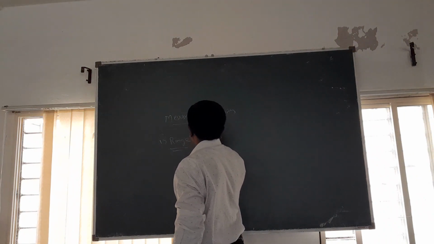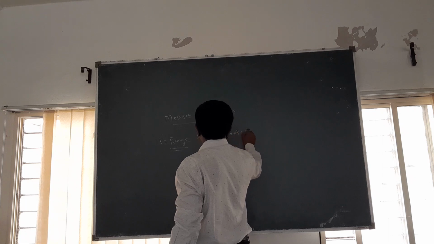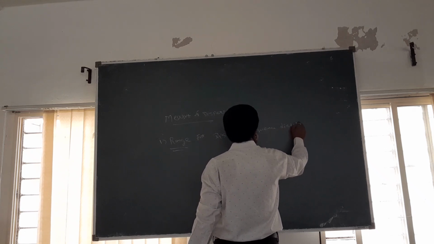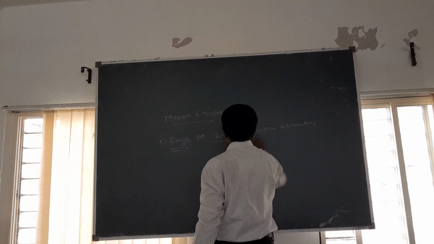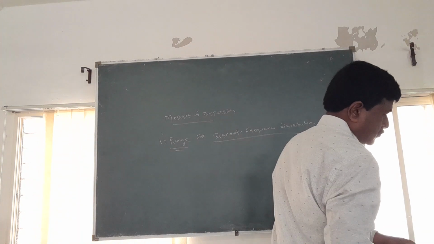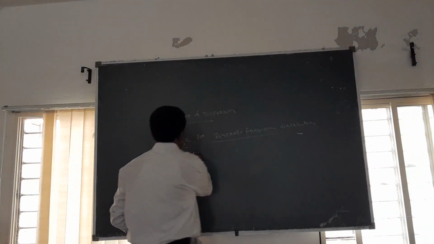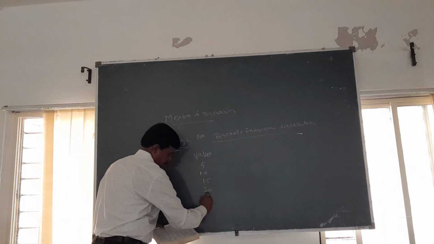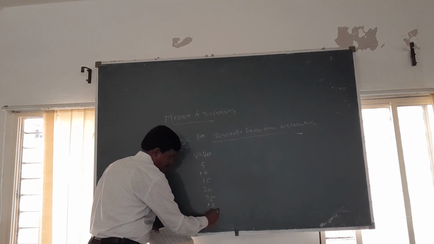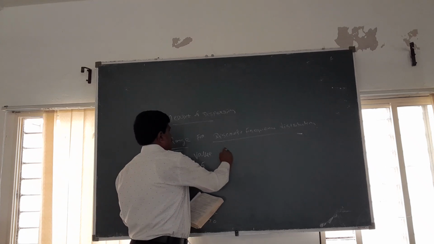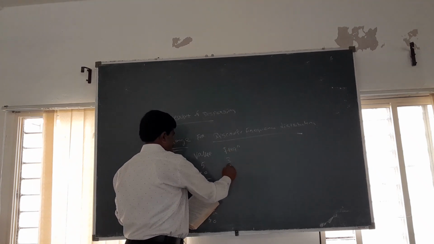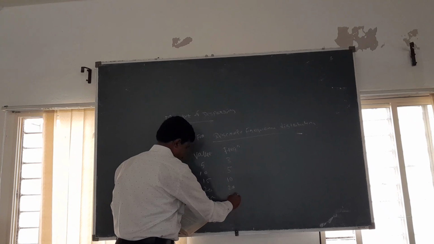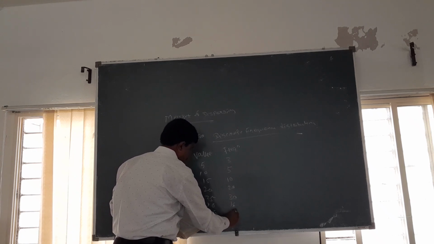The values are 5, 10, 15, 20, 25, 30, 35, 40, and the frequencies are 3, 5, 10, 20, 30, 18, 12, and 5.